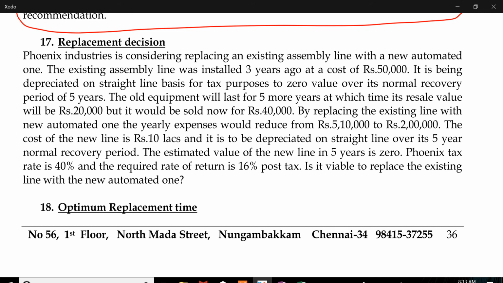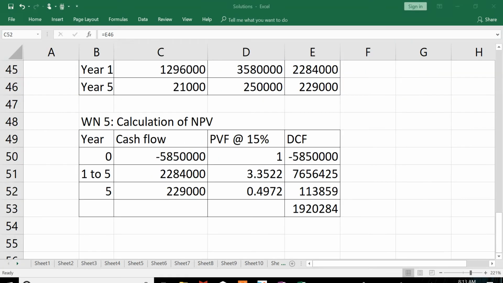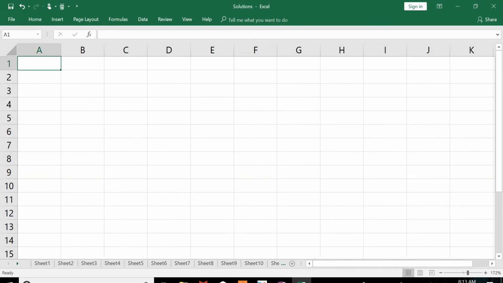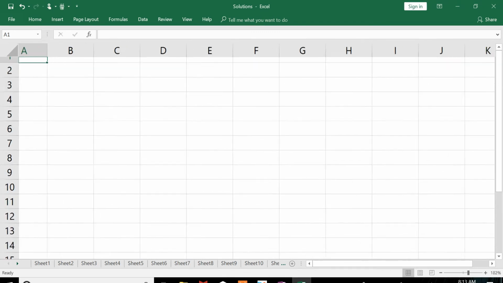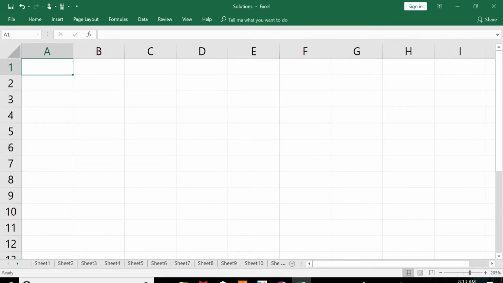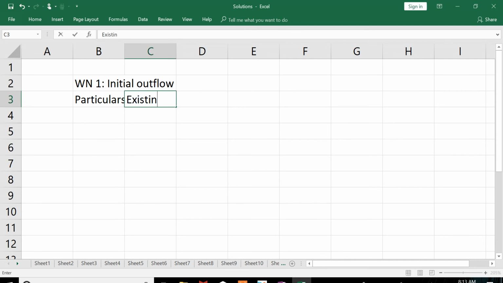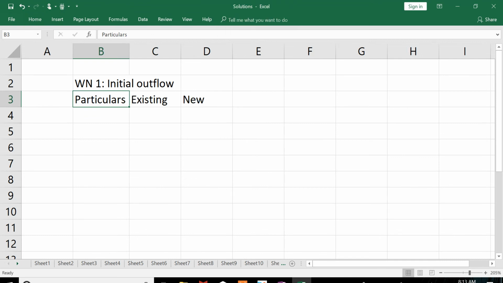Let's start working note 1, initial outflow. Particulars, existing and new.